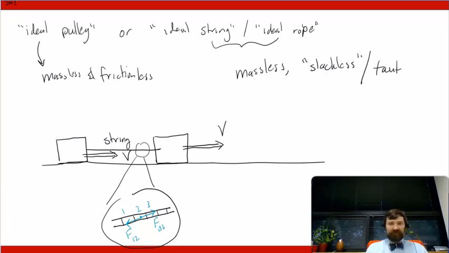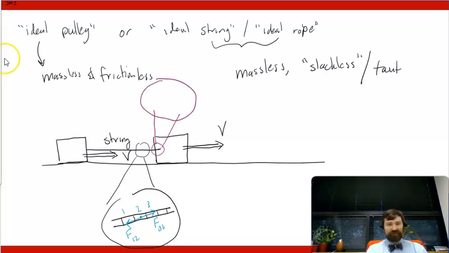But now let's take another piece of the string. Let's highlight it in a different color. Let's take this piece of string that is attached to the block. Okay, so we want to blow up this piece of string, and here's the block edge. And so here might be some pieces of string. We'll call this string 1 and this string 2. Or maybe we look at this one on the very end.